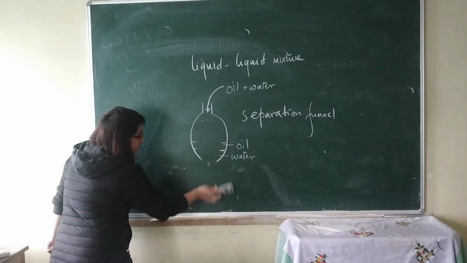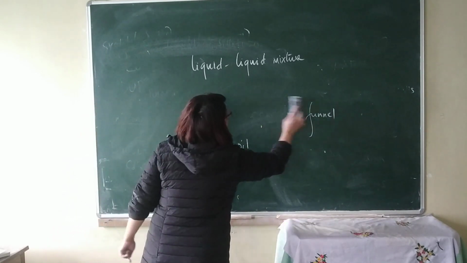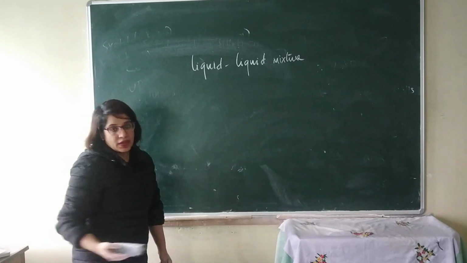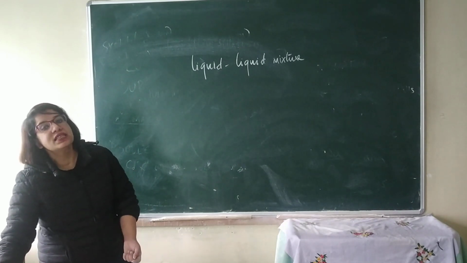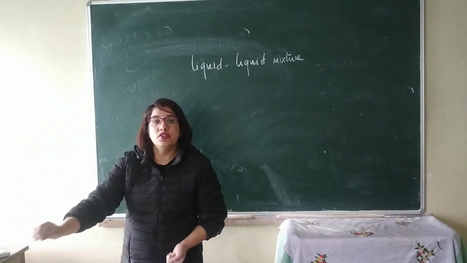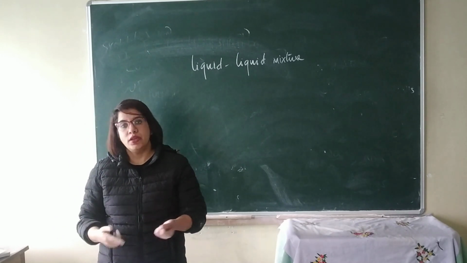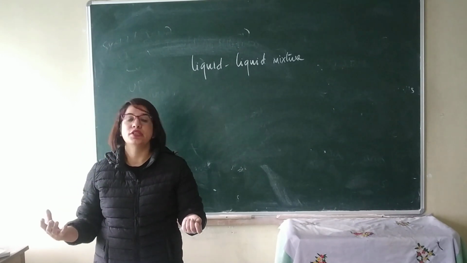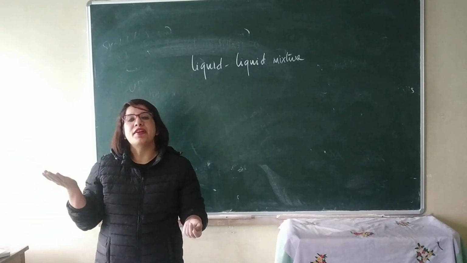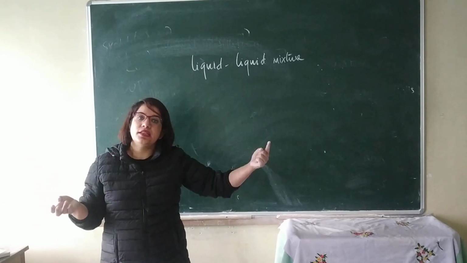Now let's come to separation of miscible liquids. If you remember, we did distillation to separate a soluble mixture of salt and water. What did we do? We boiled the solution, the water evaporated, then it condensed in the Liebig's condenser.